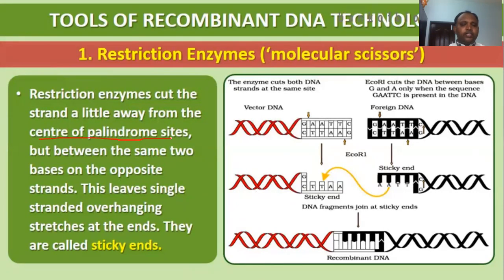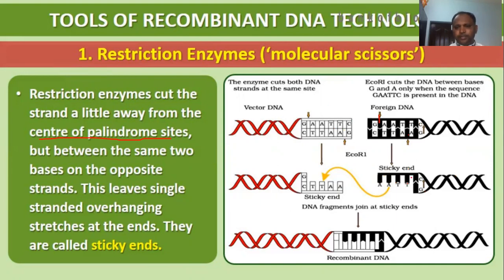So these ends you can call sticky ends, right? You see here, it's making a cut here. GAATTC is there. Here the enzyme makes a cut here and here also.